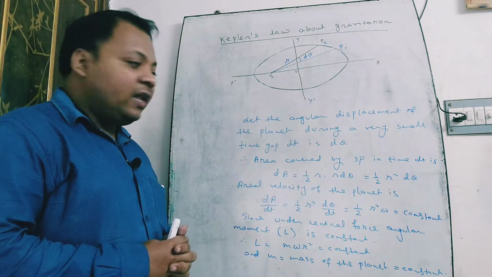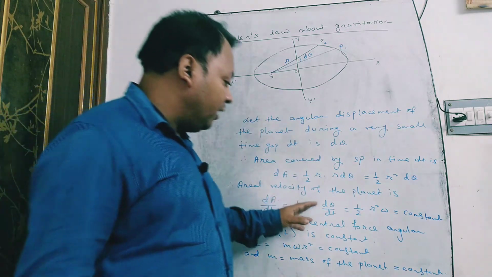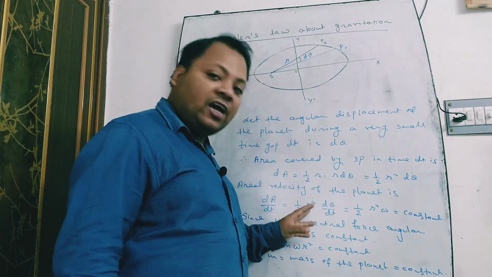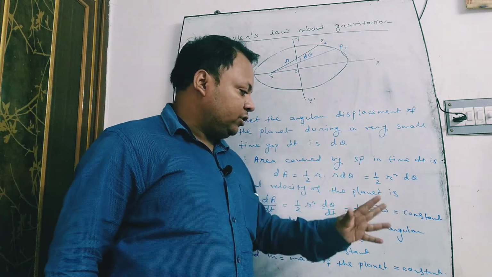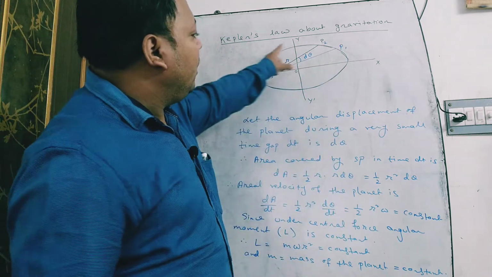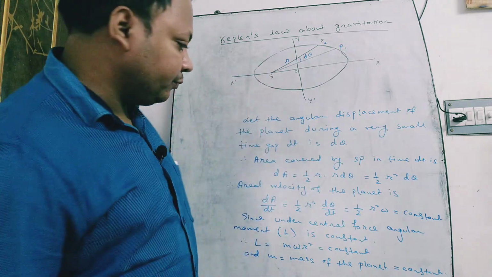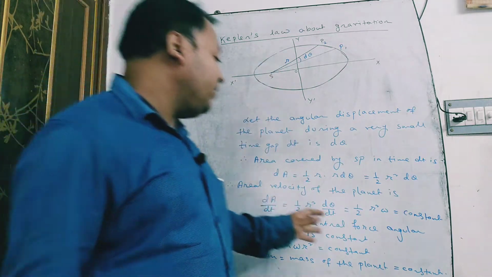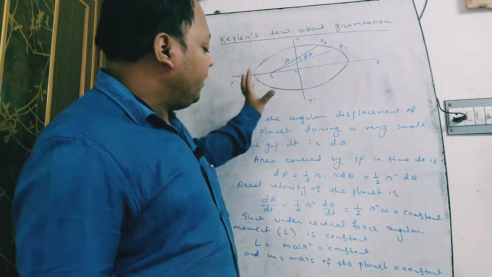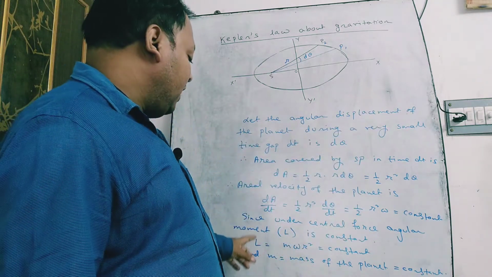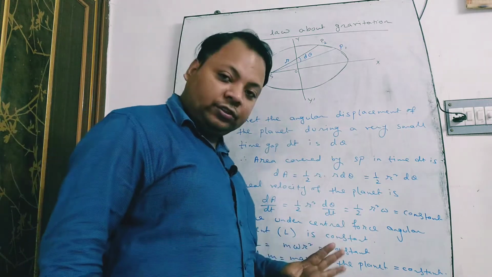Now the areal velocity of the planet, that is dA/dt, is equal to ½ r² dθ/dt, since r is constant. This gives ½ r²ω = constant, where ω is the angular velocity of the planet with respect to the sun. Since under the central force the angular momentum of the planet remains constant, that is, L = mωr² = constant.